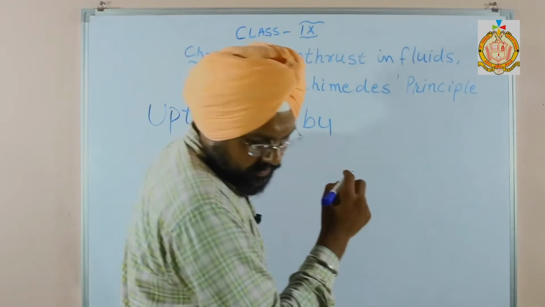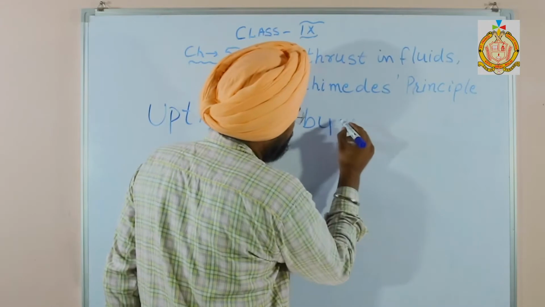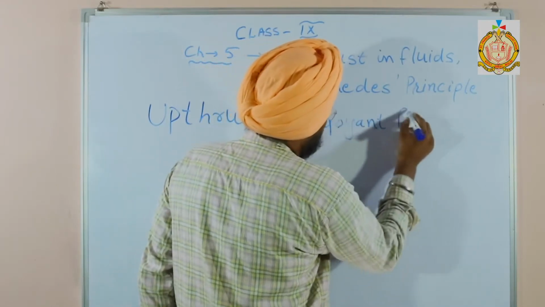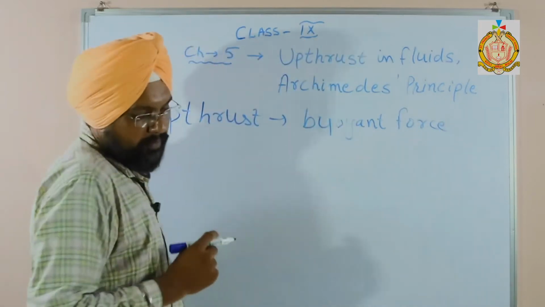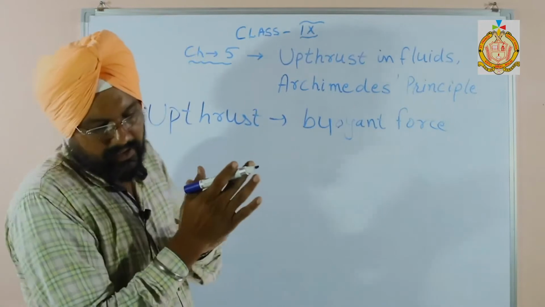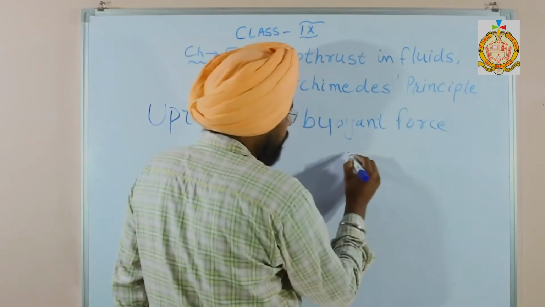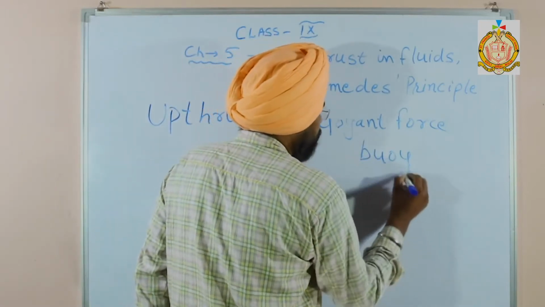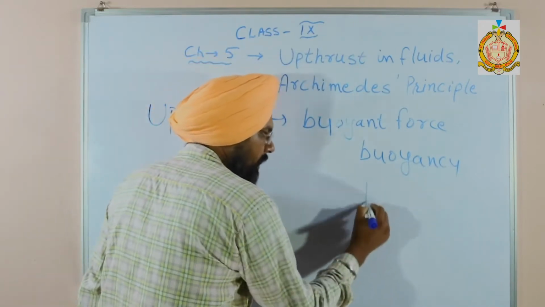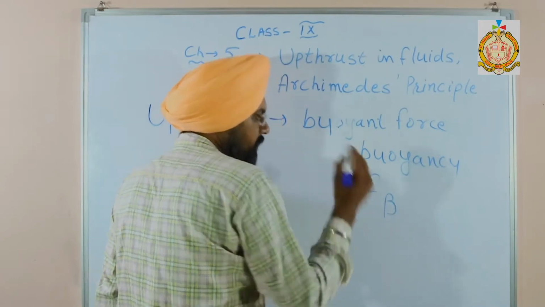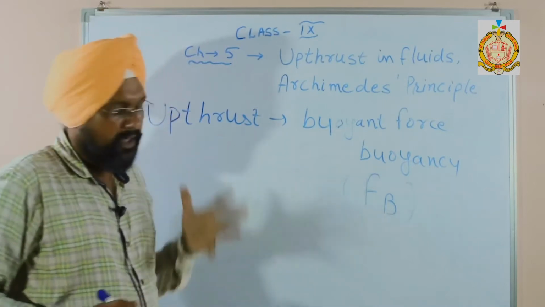The property of a liquid to exert an upward force on a body immersed in it is called buoyancy. Upthrust or buoyancy is denoted by FB, with B as a subscript. This is called upthrust.